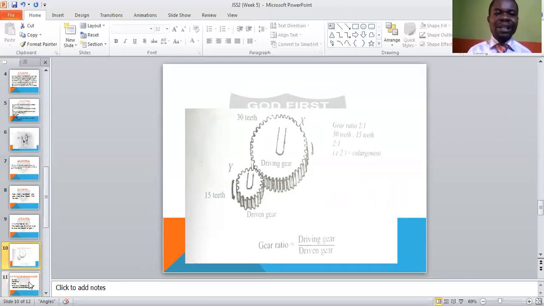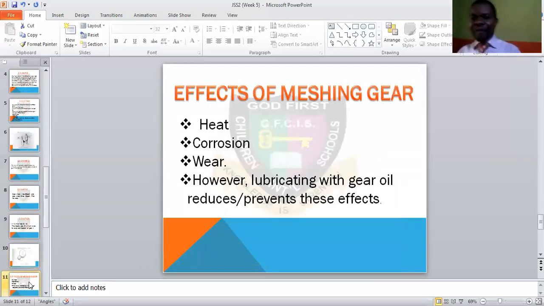Then we will now need to look at the effects of meshing gears. When gears mesh, what could happen? Because they rub against one another. We have discussed friction in our last time's work, also you remember. Effects of friction. These are the things that happen when two gears mesh.